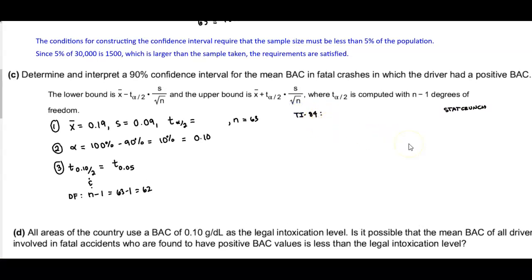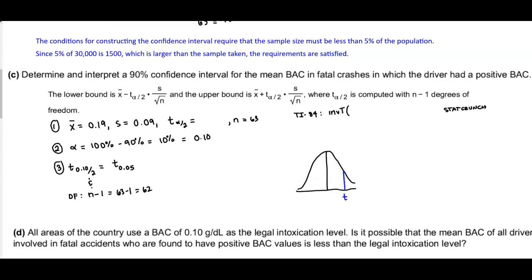Okay, when we're using the TI-84, we're looking for the function called INVT, since we're looking for the critical T value. Let's discuss this a little further so we understand what we're looking for here. We know that we're looking for the critical T value, and that critical T value is located here.